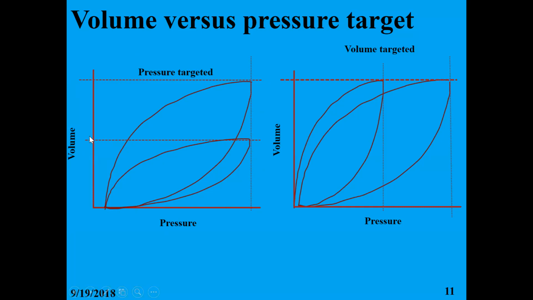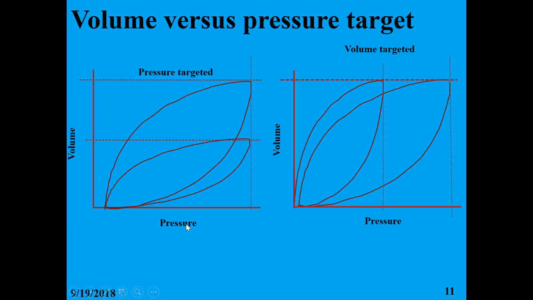So we are telling the ventilator, stop here. So we are getting two volumes. You see? We get this volume and this volume. So with a pressure target, the volumes are changing. Look here. We have the same volume, but we have different pressure.